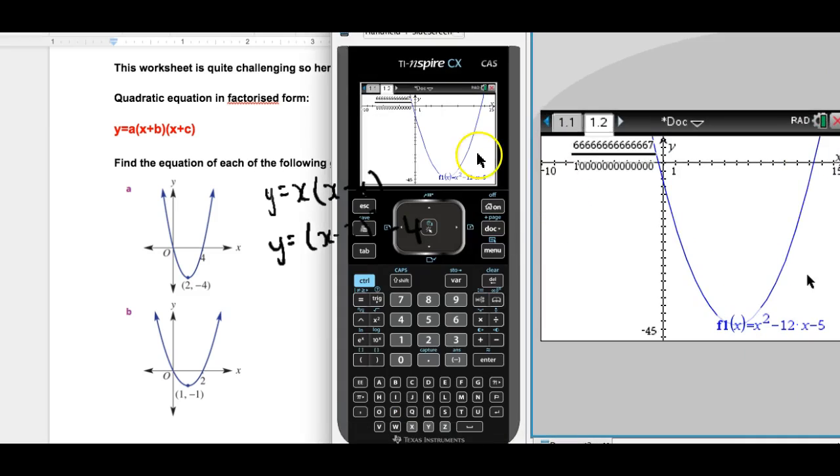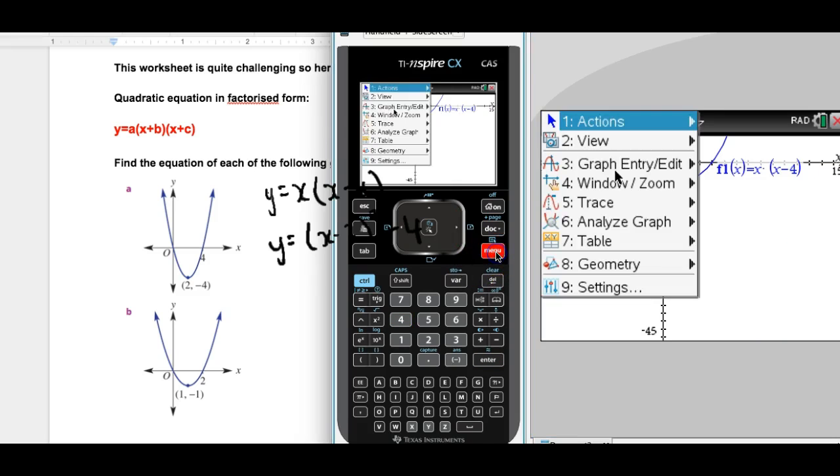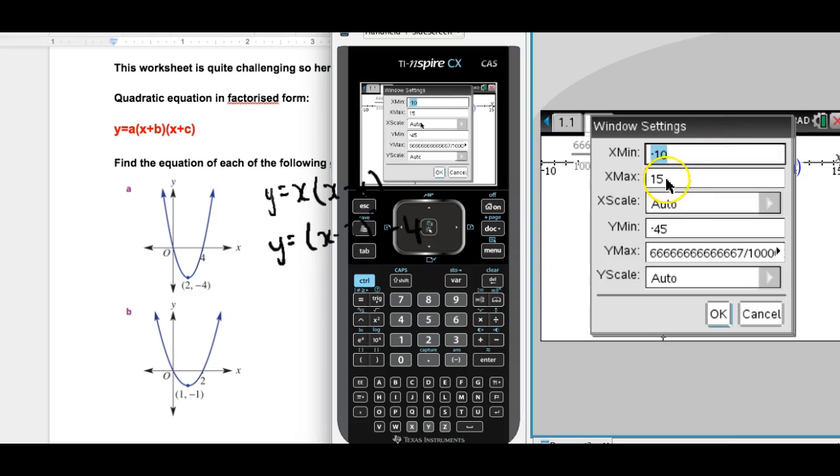So let's graph them. Okay, so let's go back. Delete what we had before. So the first one was x, x minus 4. I think your calculator likes the times, so put the times there if it's not working for you. And we might need to change our window, so let's go back to my window. And I'm going to make everything just 10.